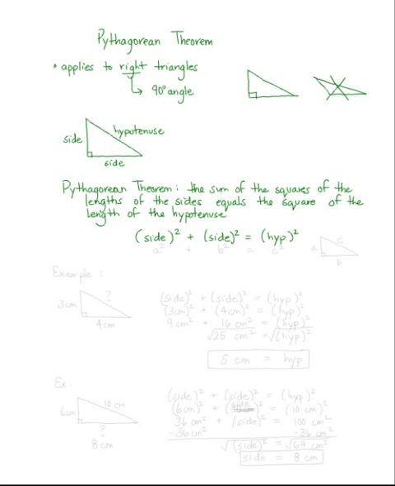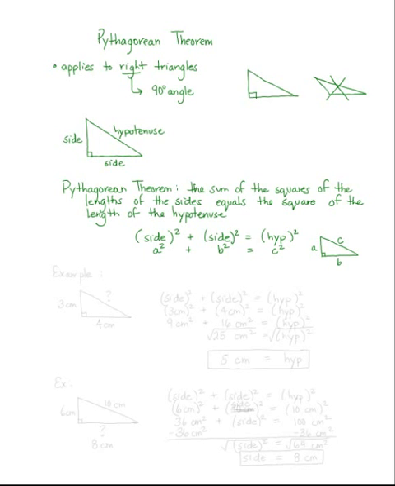Sometimes you'll see this written as a squared plus b squared equals c squared. It's important that you know when you're using a squared plus b squared equals c squared that a and b represent the sides and c represents the hypotenuse.